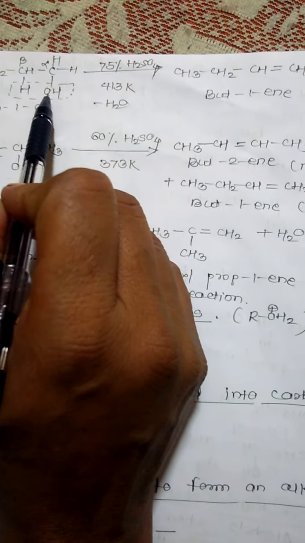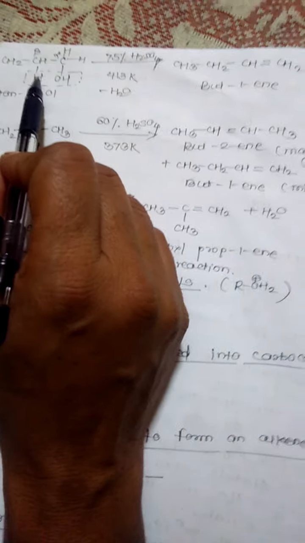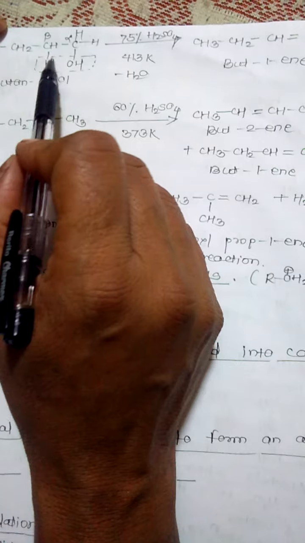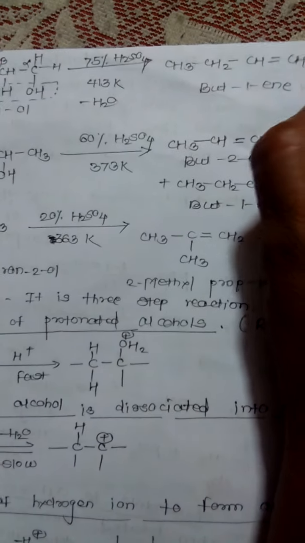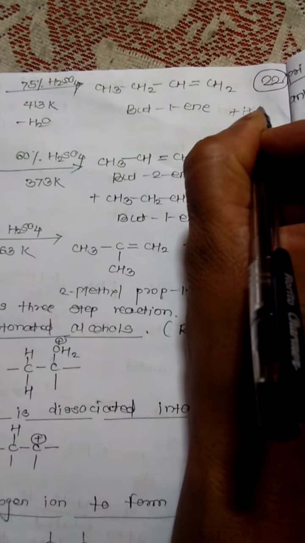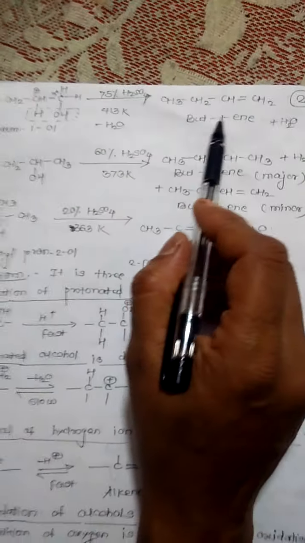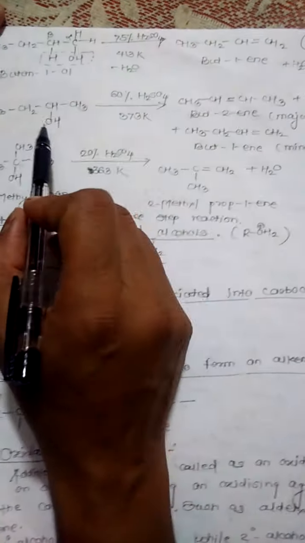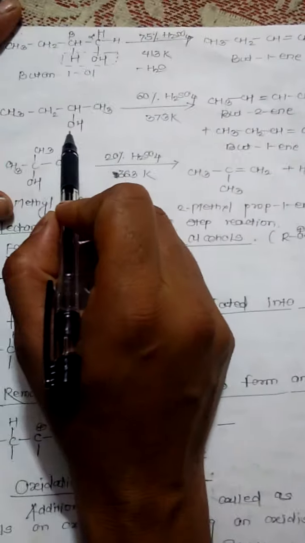This OH from the alpha carbon and H from the beta carbon form H2O and result in the formation of the alkene but-1-ene.